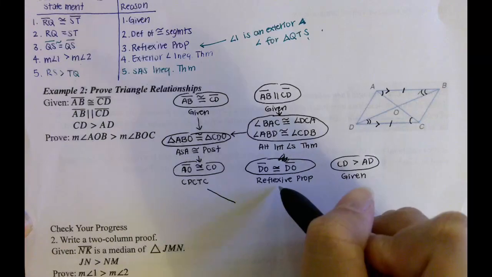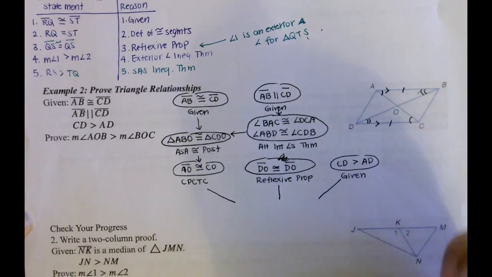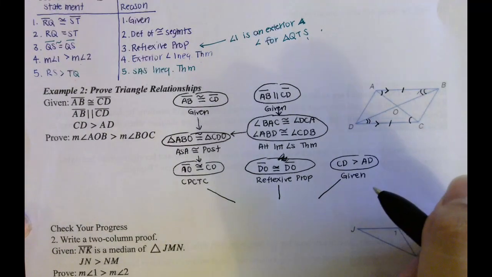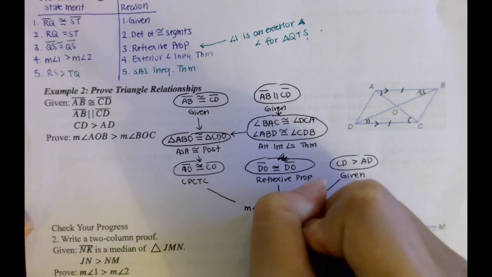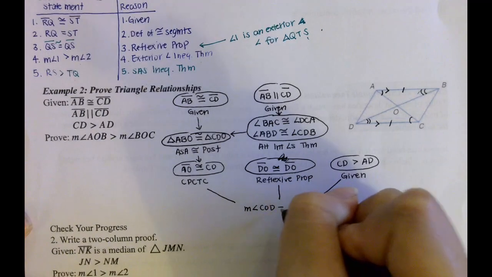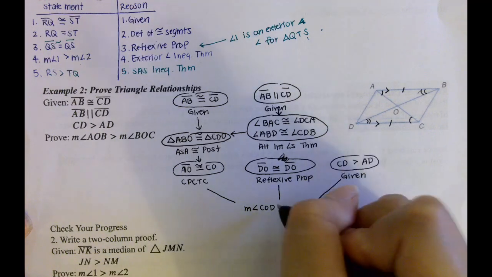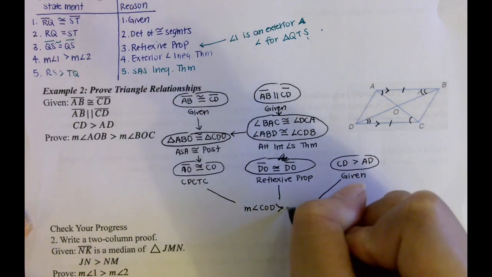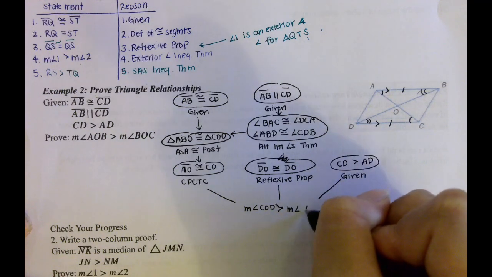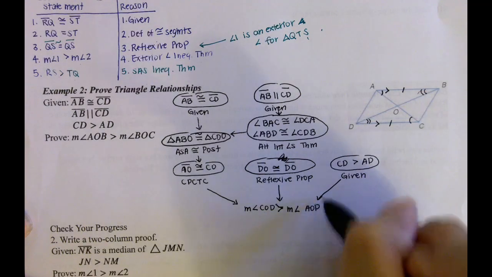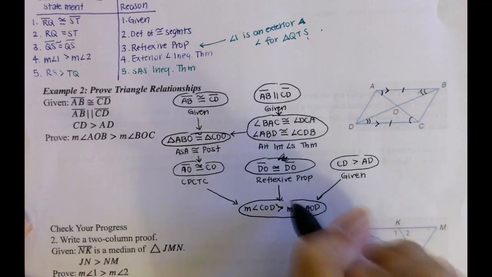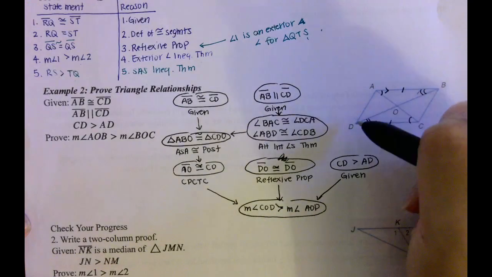So now, what we're going to say then is that the measure of angle COD is greater than the measure of angle AOD. Right. So that comes from this, right?